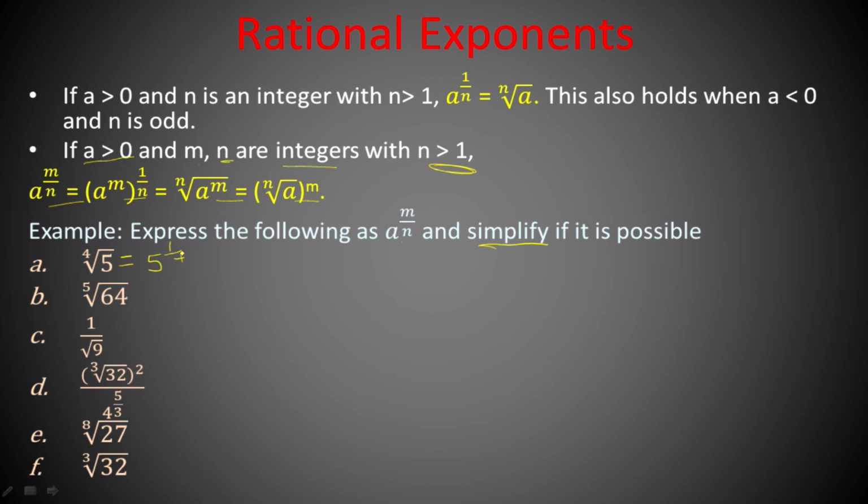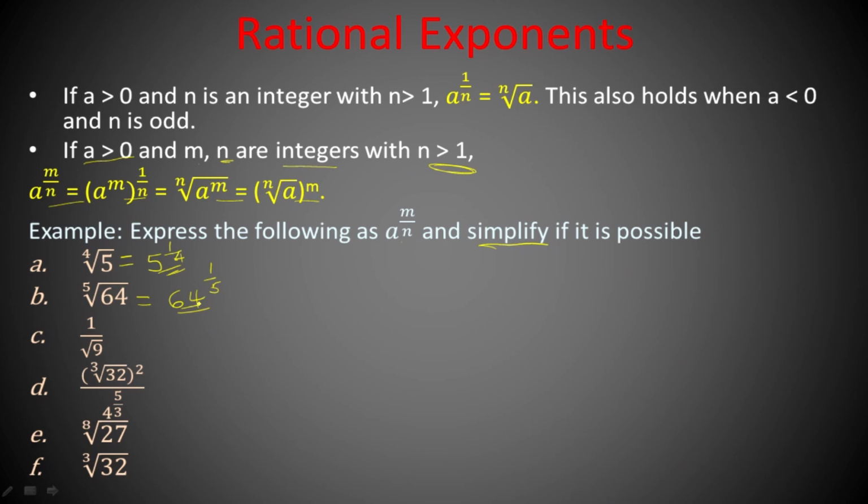This can be written as 64 to the power of 1 over 5. Since 64 is a composite number and it can be expressed as a prime exponent, it can be written as 2 to the power of 6, and the whole to the power of 1 over 5.